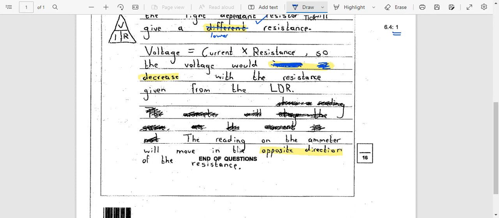The reading on the ammeter, rather than will move in the opposite direction, they should have said the reading on the ammeter will increase. And the question did ask me to explain. So it will increase because it is easier for current to flow, because the resistance is lower.